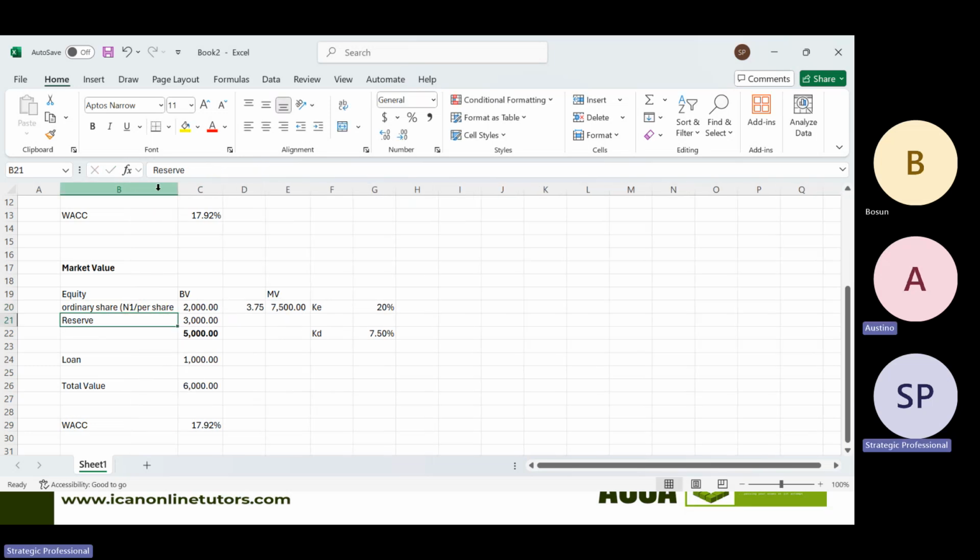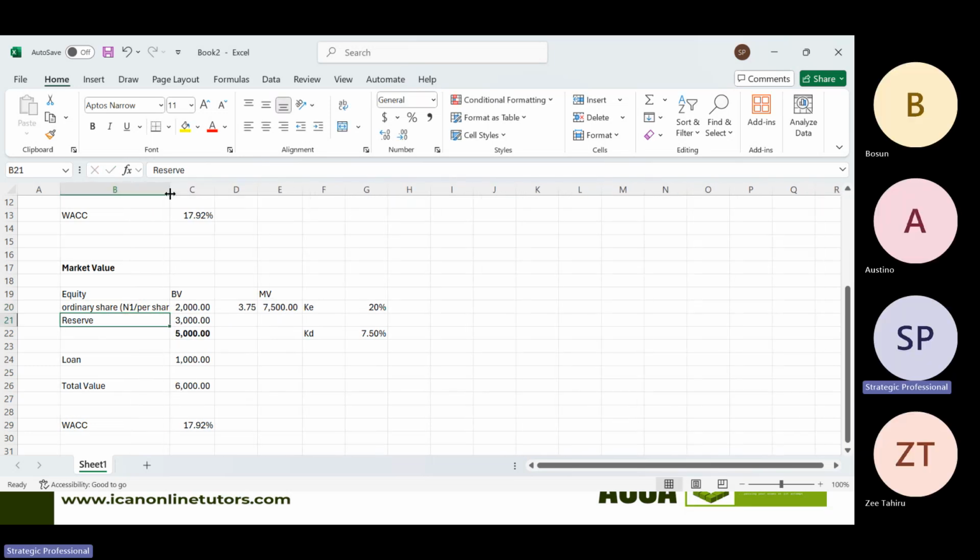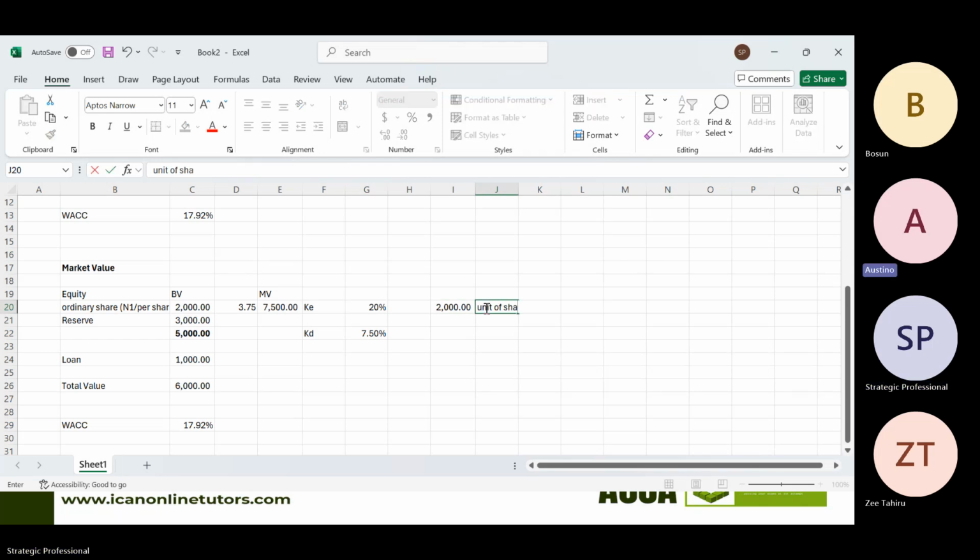That's the nominal value. It means that if this is 2,000 Naira, your total number of shares in issue will be 2,000 divided by 1 Naira. So you have a total of 2,000 units of shares. Are we clear? Yeah, I'm with you.